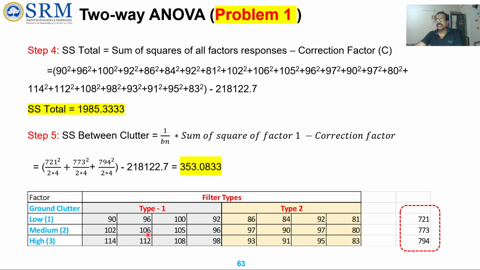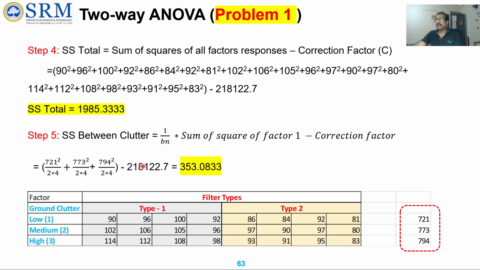So 2 into 4: 1, 2, 3, 4. 2 types are there, even though 2 columns are there. So 2 into 4. Similarly 733 whole squared divided by 2 into 4. 4 is the number of observations in type 1, type 2, but 2 is the total. In a similar way, subtracting the correction factor, we will get the SS between culture.